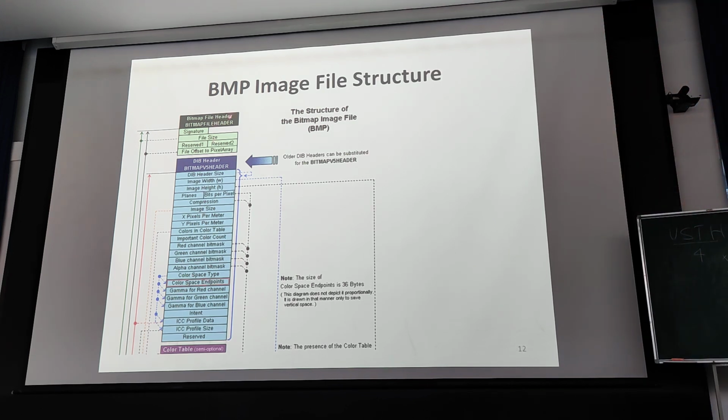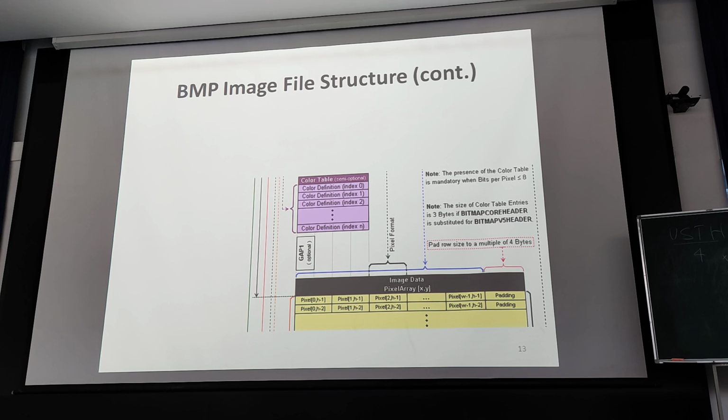And at the end of the header is the raw data. For example, for 24 bits, that's 3 bytes for the first pixel, then the next 3 bytes for the second pixel. Now, I zoom in here.